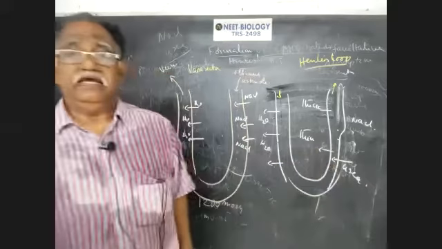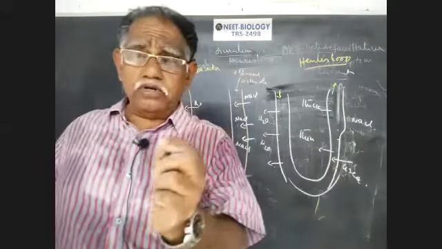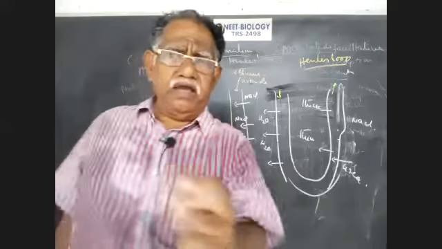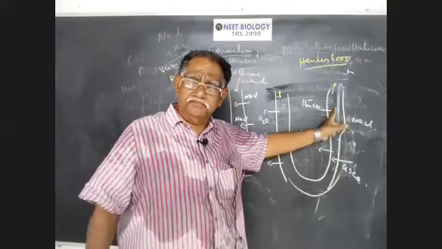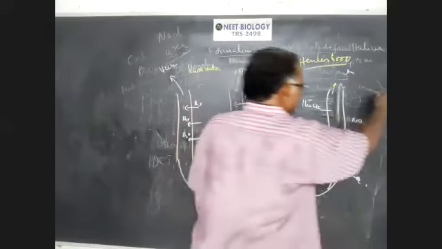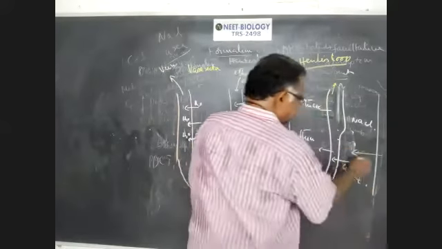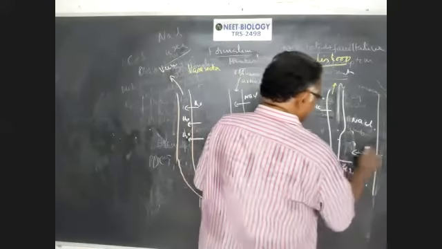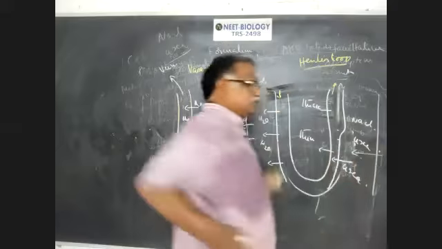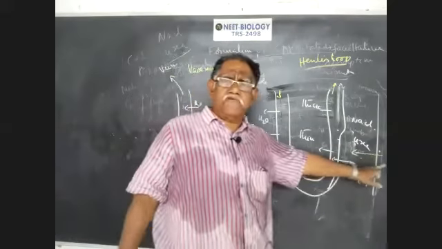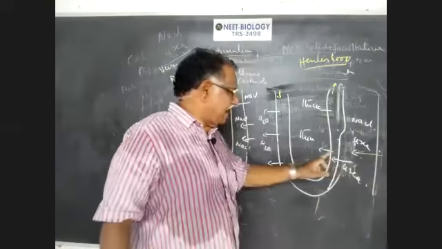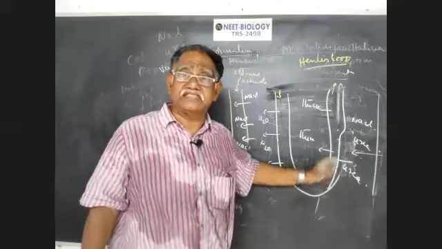Important point: a small amount of urea is secreted into the thin segment of the ascending limb, and it is again returned to the interstitium from the collecting tubule. So urea is reabsorbed into the medullary interstitium from the collecting tubule, and it enters into the thin segment of the ascending limb.